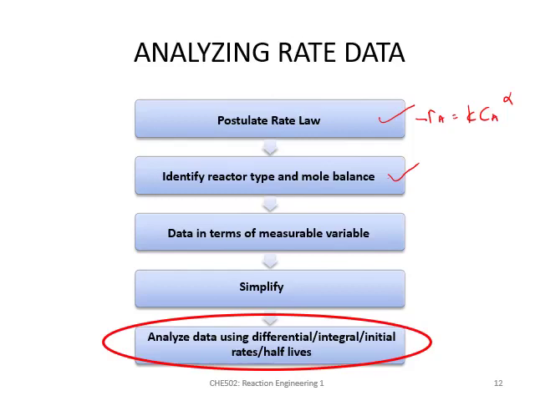The third step is to express data in terms of measurable variables. So we need to rearrange the formula so that you have it in terms of measurable variables. Simplify and then analyze data using one of the methods, whether it's differential, integral, initial rate, or half-life. For differential, you may have graphical or numerical.